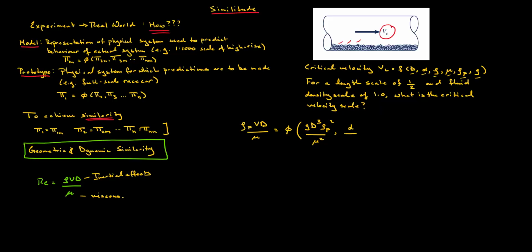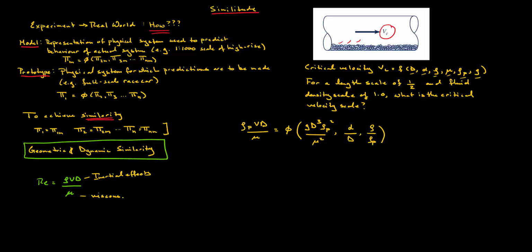We have a dimensionless length scale, so the ratio of the particle diameter to the pipe diameter, and we have a density ratio as well. Okay. Now, I would encourage you to go through this whole analysis and do the Buckingham pi theorem, method of repeating variables, and see if you can obtain this same pi relationship over here.